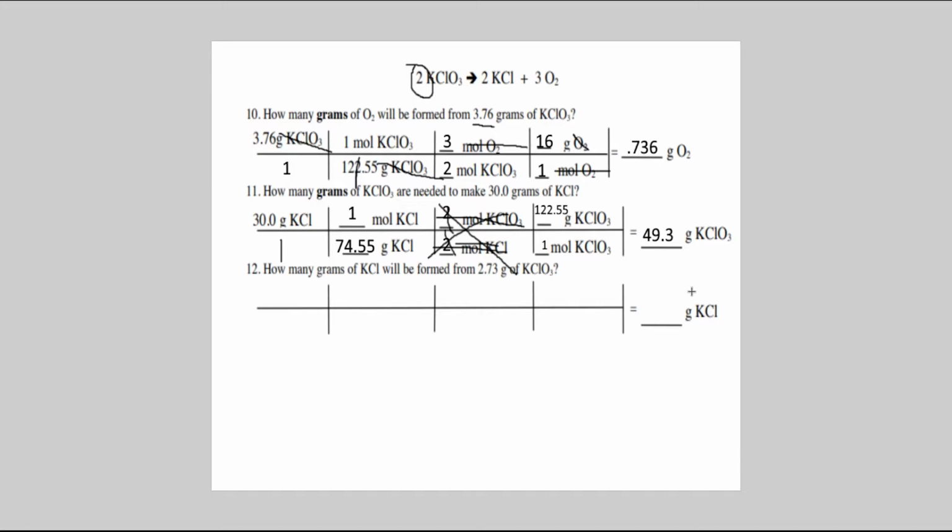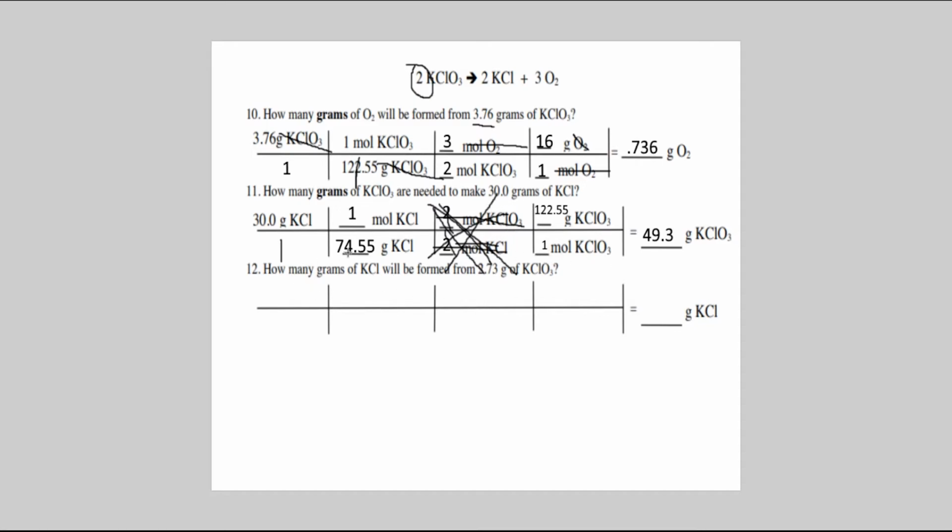I think I said 2 L's. You know what I meant? And after you multiply everything on top and on the bottom, and then divide the top by the bottom, you get 49.3 grams of KClO3. Now remember, do not skip this step, because if you do, you could get confused, because you have to go from this mole to this mole.